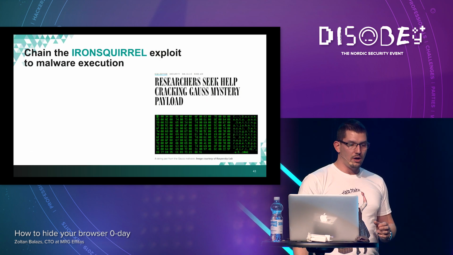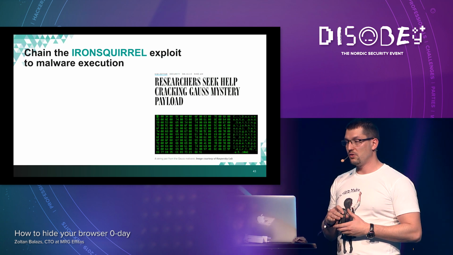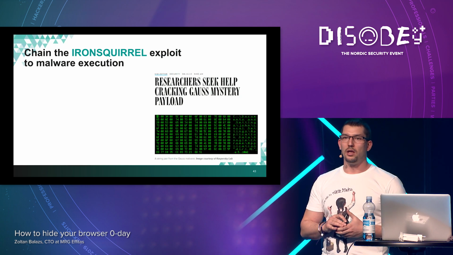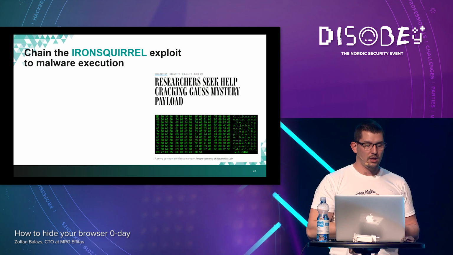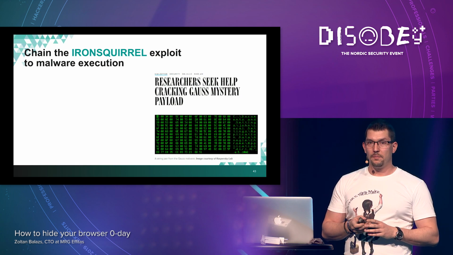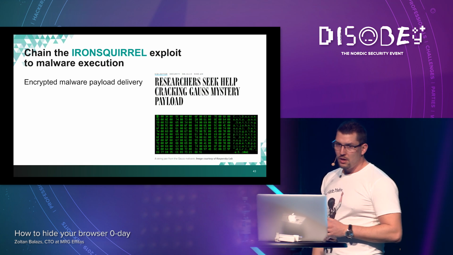All right. At the beginning of my talk, I mentioned that it is possible to deliver the malware in an encrypted way now that the client browser and the server share the same secrets. And in my proof of concept code, I implemented the same.